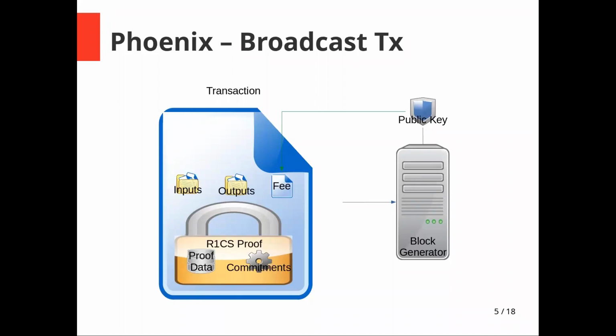The fee has a particular situation there, because he cannot inject the public key into any other node, only the fee. And if he does that, the proof will be verified normally with the commitments and the proof data that was generated by Bob and not by the block generator. So the block generator will not generate a proof. The proof will be generated inside the wallet.